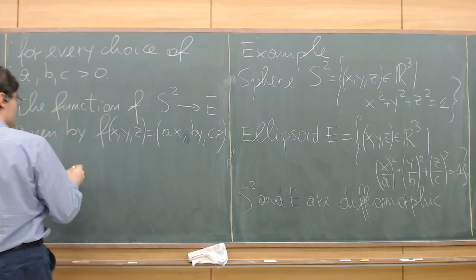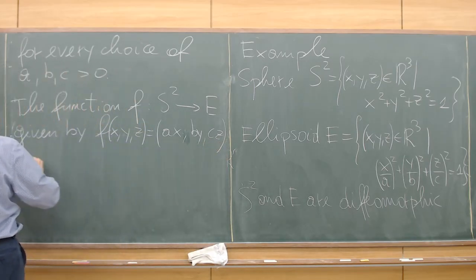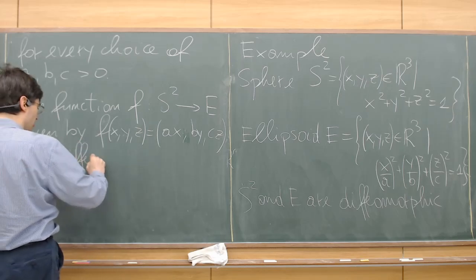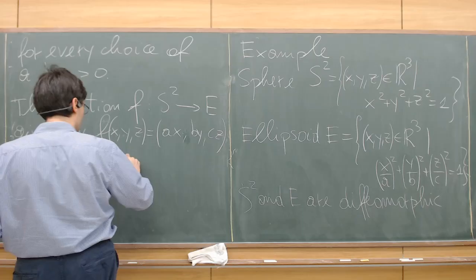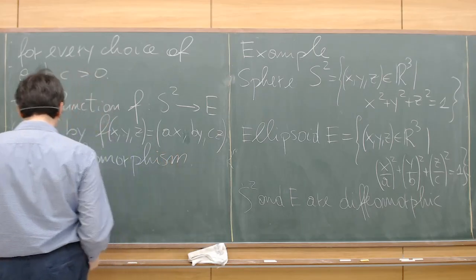This map is clearly a diffeomorphism. Why?